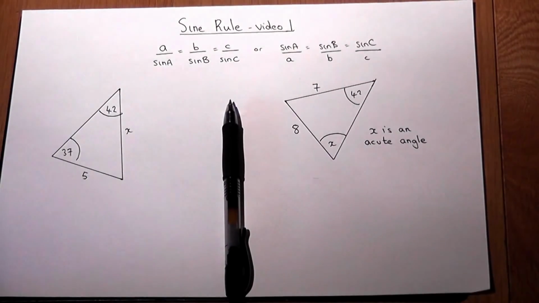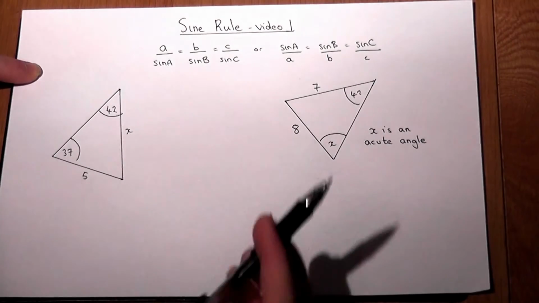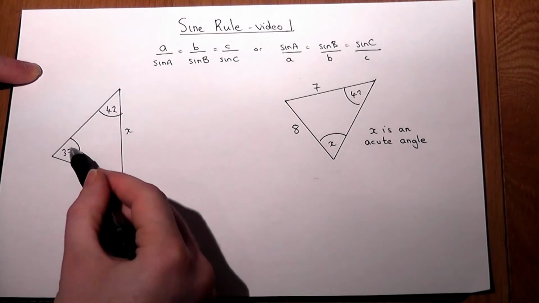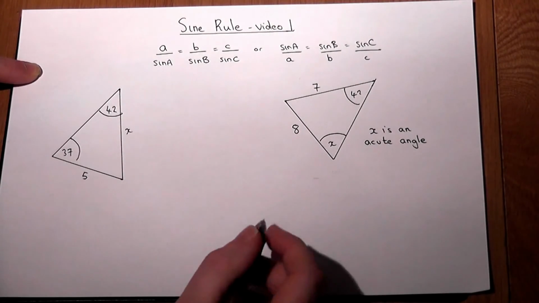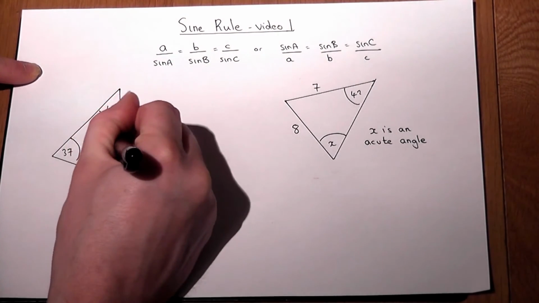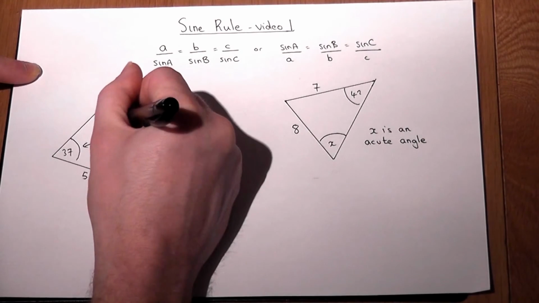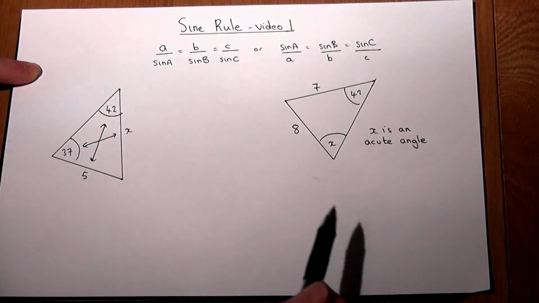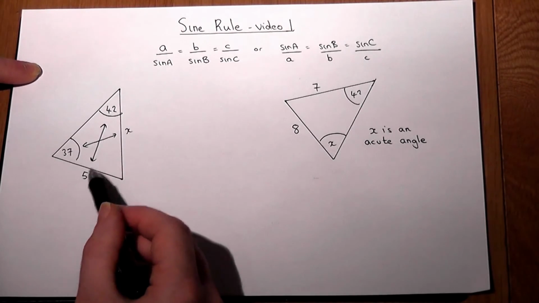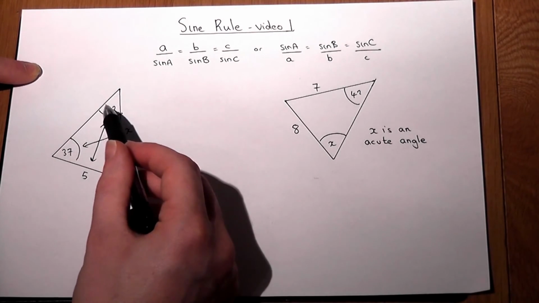This video talks through using the sine rule and shows two basic examples. Now the sine rule is used where we have angles and sides which are opposite each other. And in the first triangle, these here pair off. The x and the 37 degrees, the 5 and the 42 degrees.